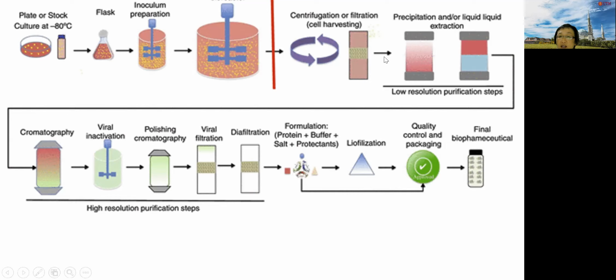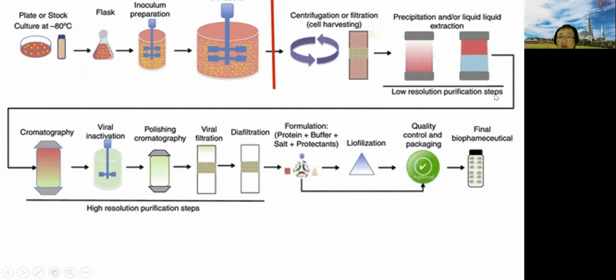Yeah? So let's say this is referring to extracellular protein in the fermentation broth. So in this process, centrifugation, we remove the cell as the side product. So our soluble product is in the liquid form. So the liquid form will go through precipitation so that we extract the product from the liquid.